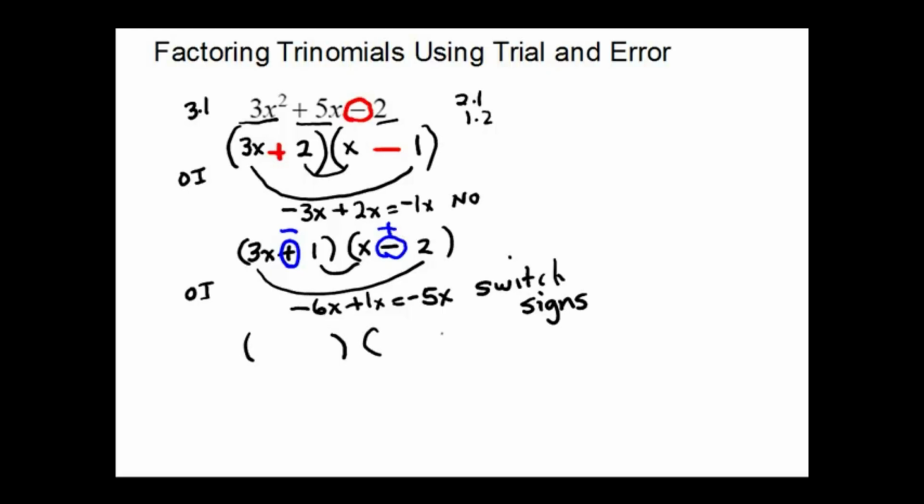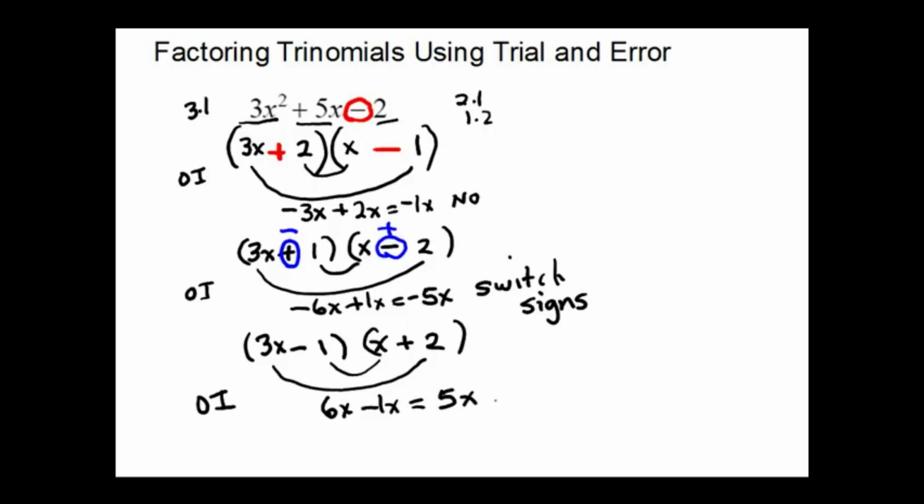So let's try it. Now we want this one to be minus and this one plus. We keep everything else the same. And we'll do our check. On the outside, 6x, inside, minus 1x. Now we're getting the positive 5x, and that works.